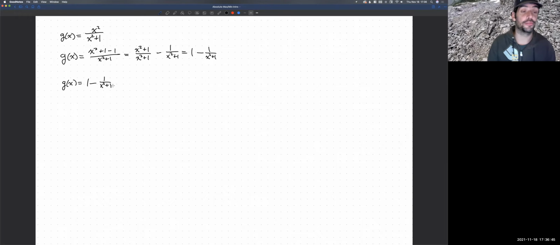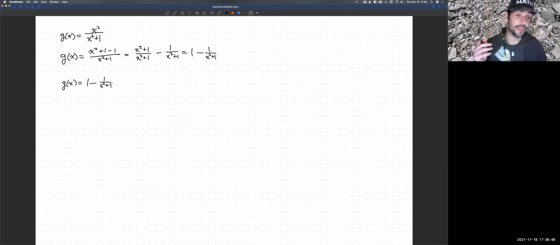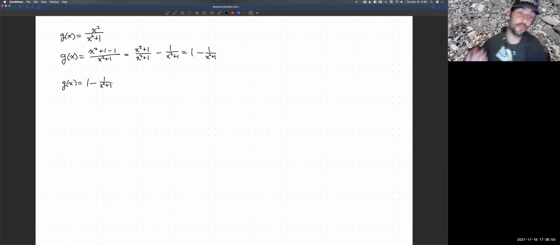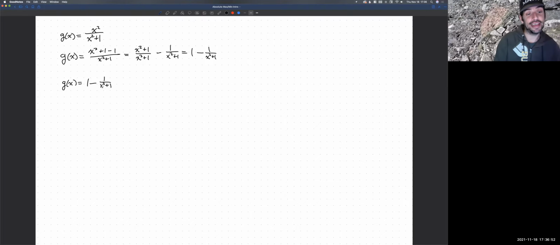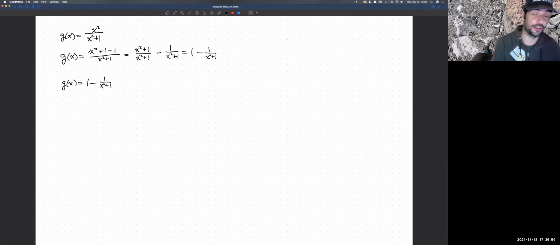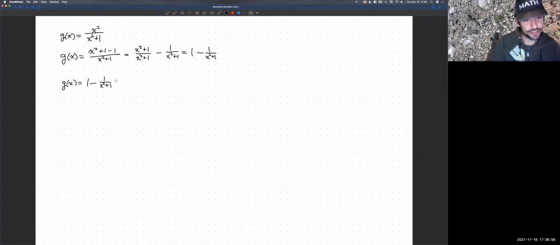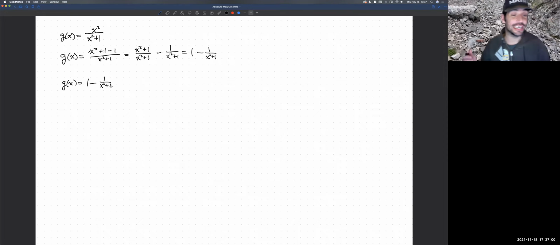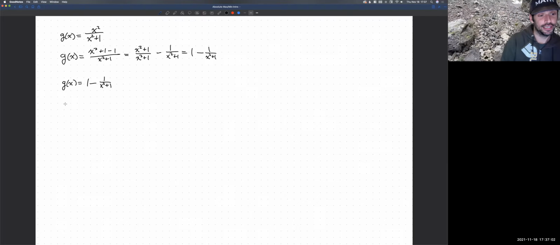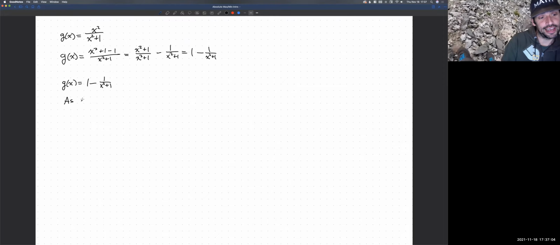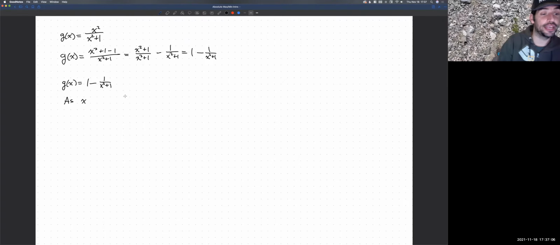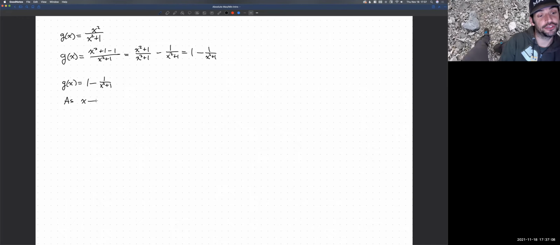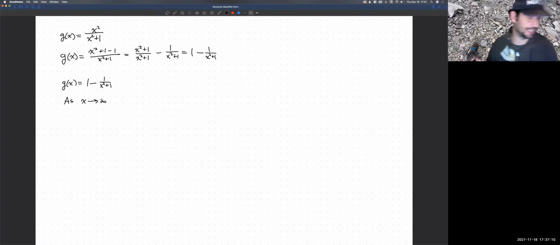It's never going to be any smaller than that, right? Remember, the larger the denominator gets, the smaller the fraction gets. So as x gets further and further from 0, this denominator is getting larger and larger, which means this fraction is almost disappearing. In other words, as x gets further away from 0, as it goes towards infinity, right?